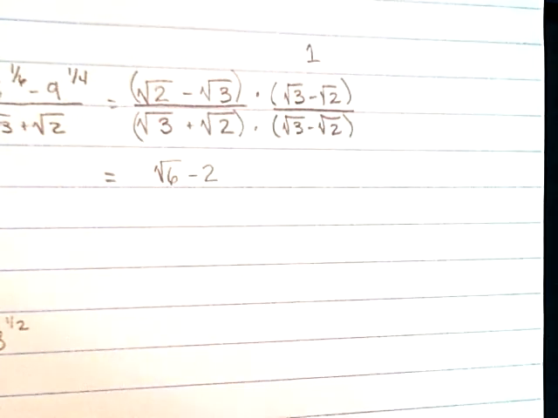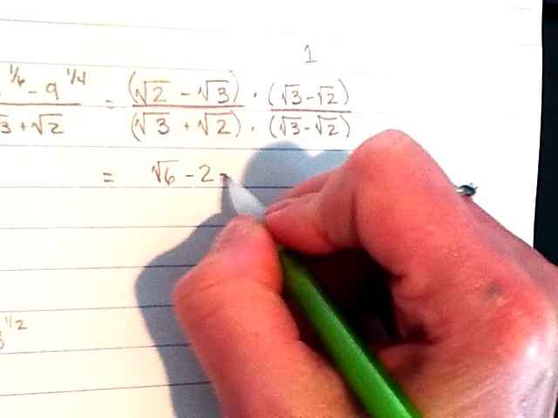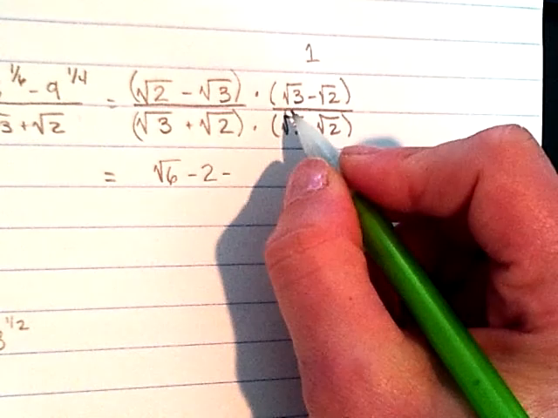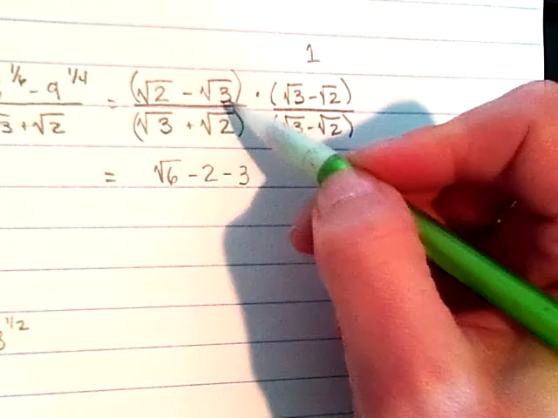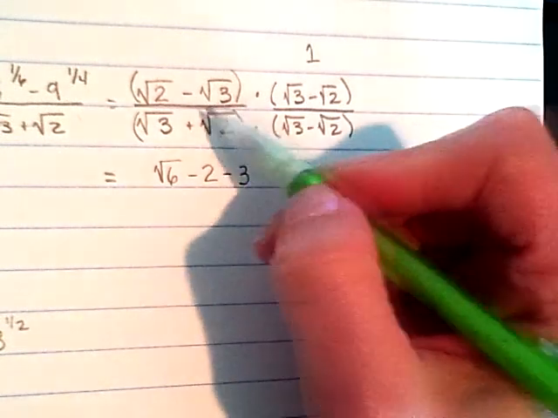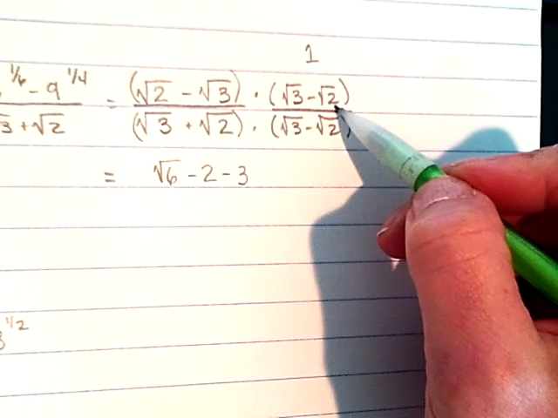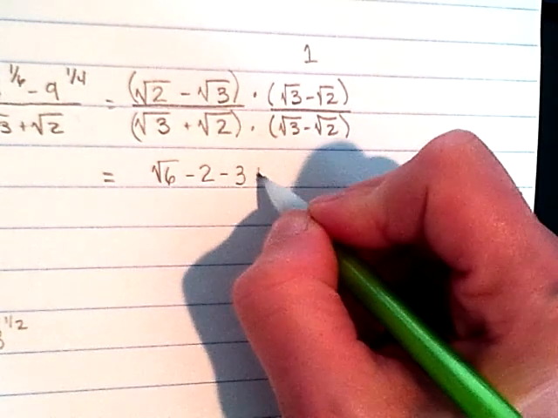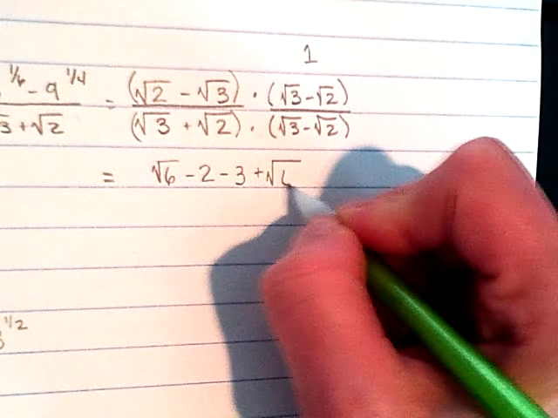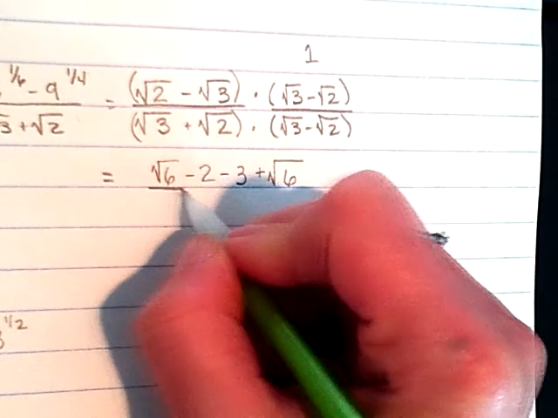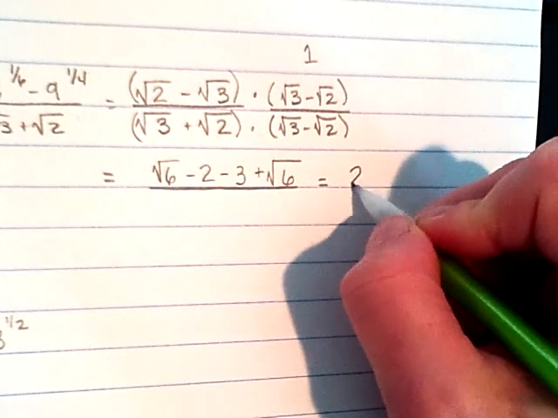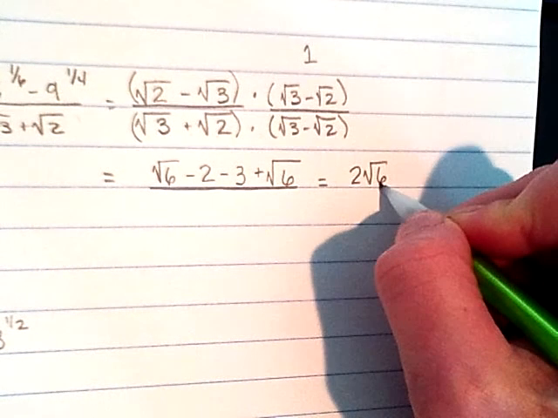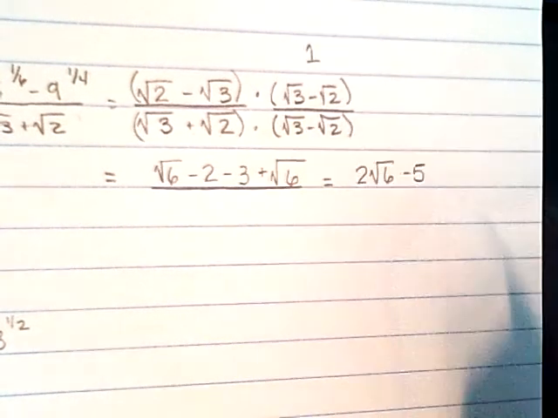My insides become negative square root of 3 times the square root of 3, which is just 3. And my lasts give me the square root of 3 times the square root of 2, both being negatives, which gives me another square root of 6. So on top, if I simplify that out, that gives me 2 square roots of 6 minus 5.